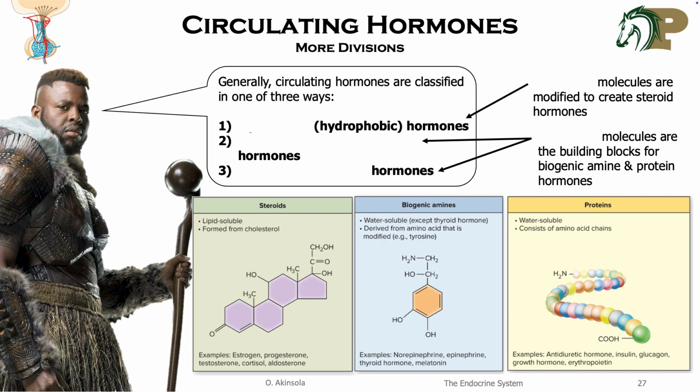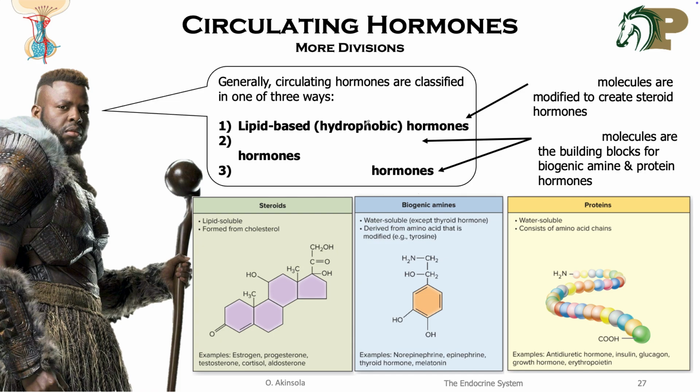Okay? So, circulating hormones are going to be classified in one of 3 ways. Okay? The first class or category are lipid-based hydrophobic hormones. Remember, the term hydrophobic means water-fearing.